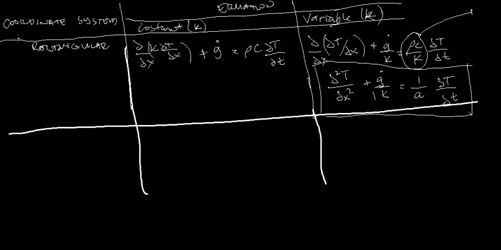So aside from this rectangular coordinate system, we also have the cylindrical and spherical coordinate systems.